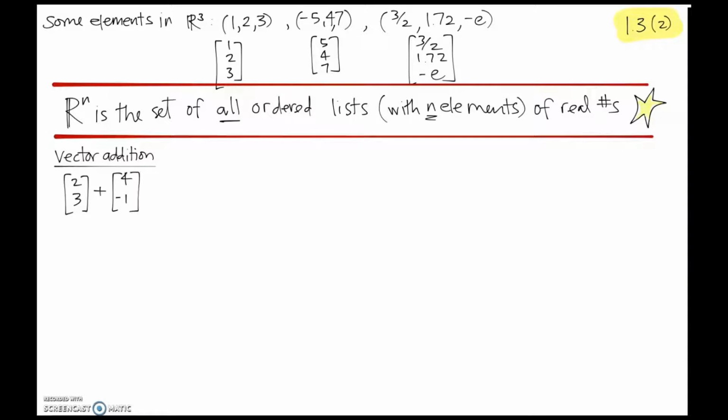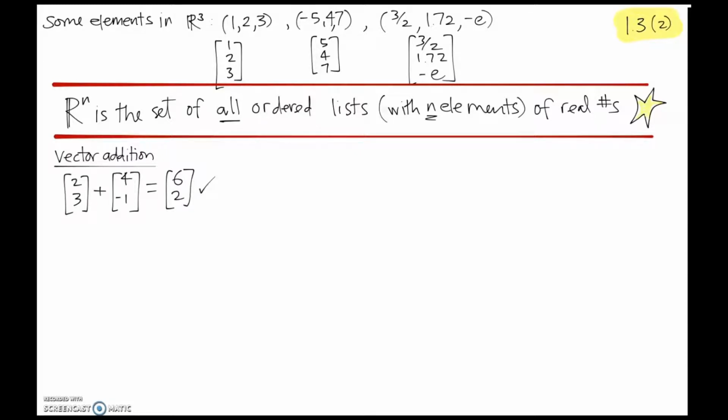Think in your mind, where do these vectors live? They live in R2 because they're pairs of real numbers. To do vector addition, you are just going to add each element. So 2 is going to get added to the 4, and we get 6 up here, and then the 3 and the -1 are added together, and we get 2. That's how vector addition works.